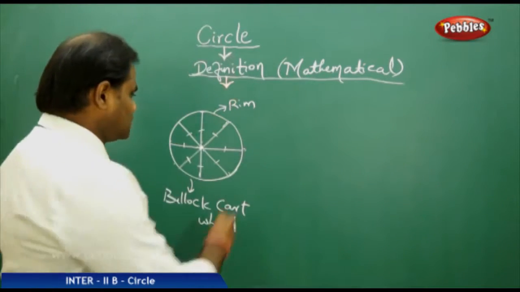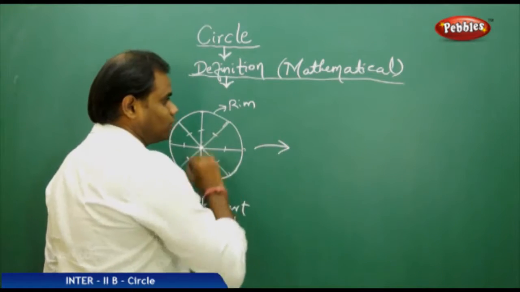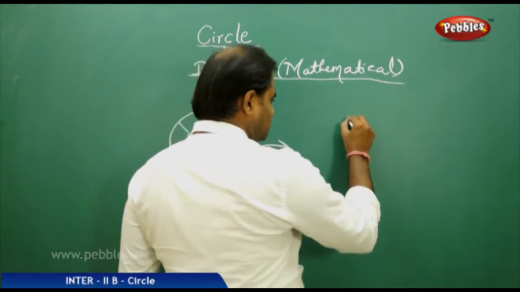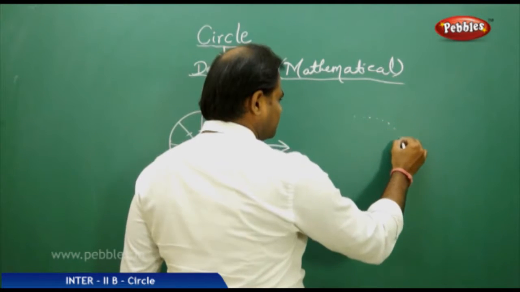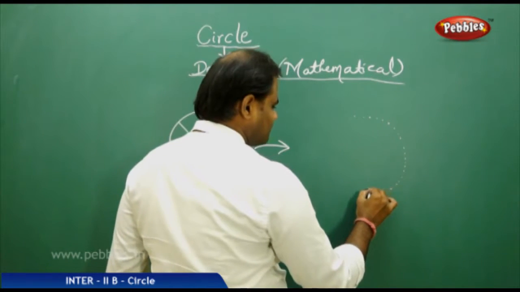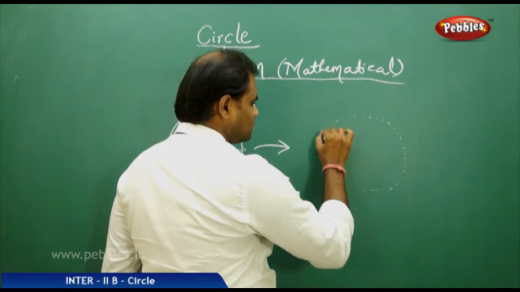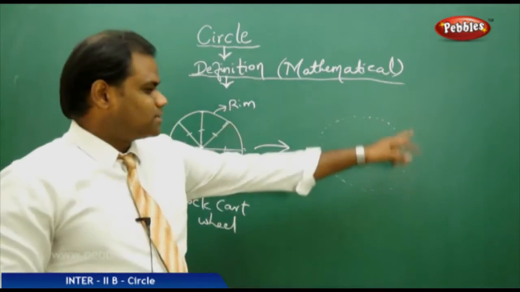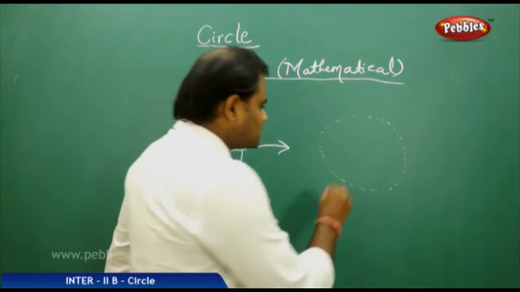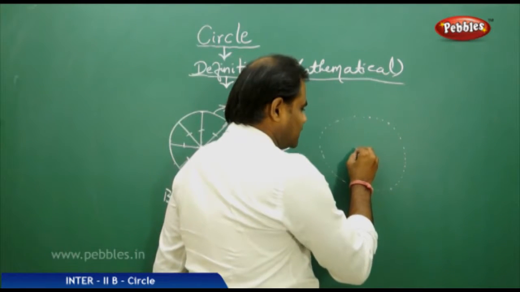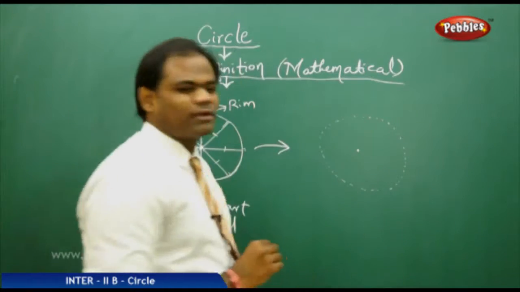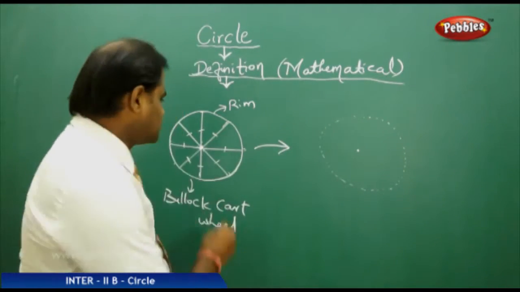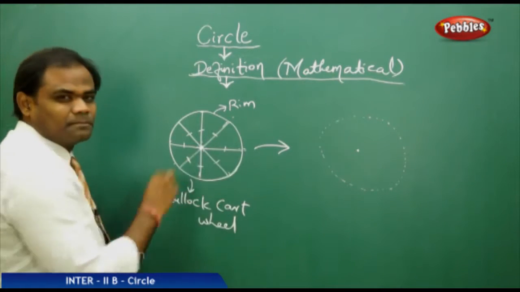So the same bullock cart wheel which I take, in the form of defining a circle, I say that it is the set of points in a plane which are equidistant from a fixed point. That is, if I take this as the fixed point, then each of the points on the rim are equidistant, as can be seen out here.